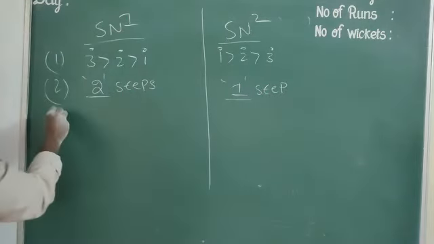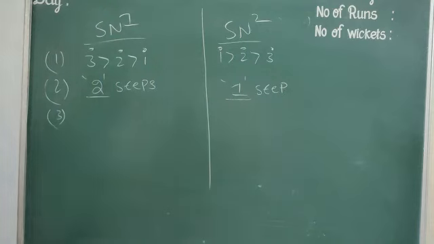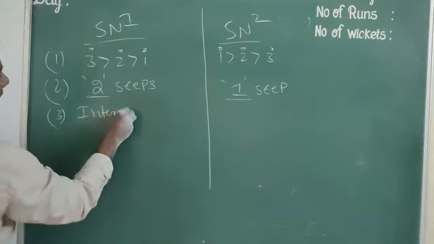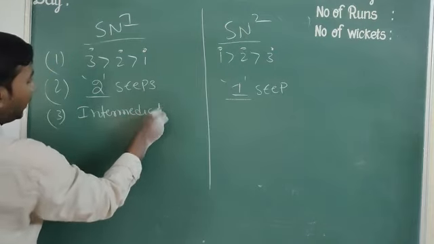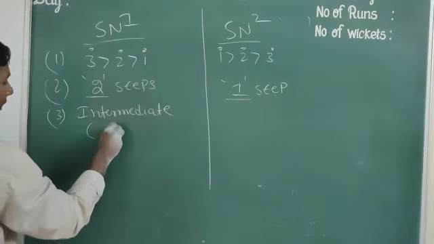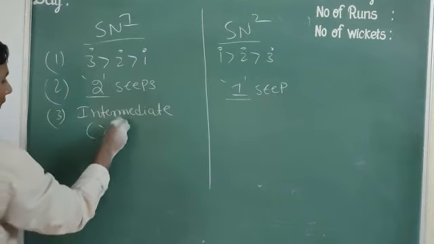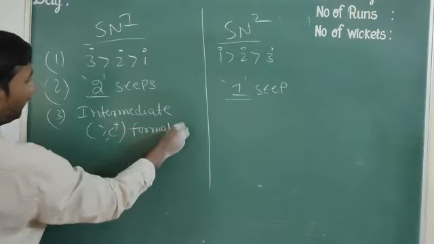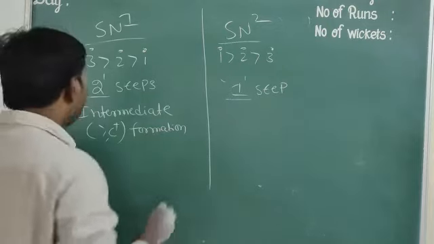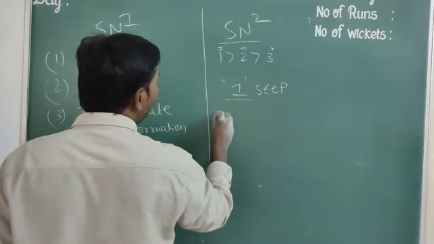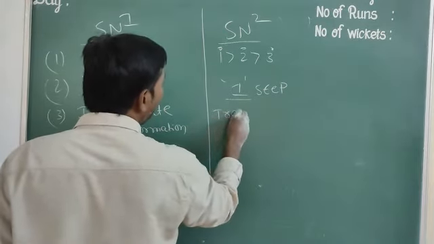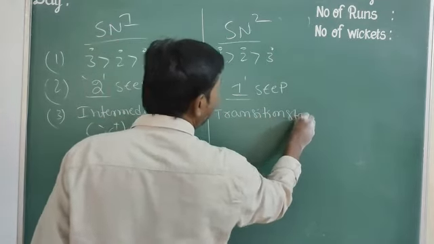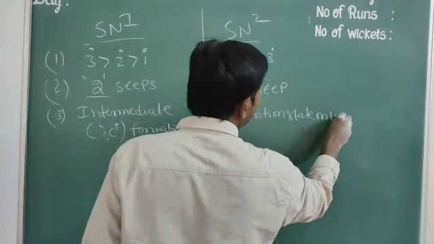In SN1, an intermediate forms, that means a carbocation. In SN2, only a transition state forms, not an intermediate.